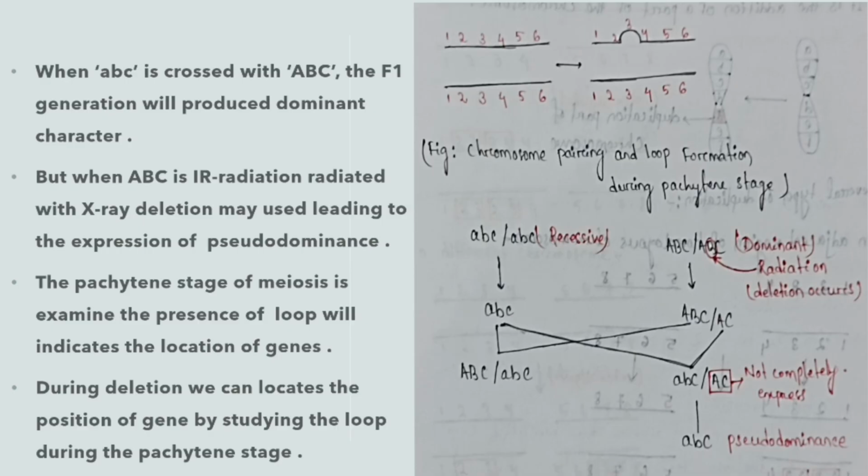So the gametes formed from the recessive will be small a, small b, small c, and from the dominant they will be capital A, capital B, capital C, and capital A, capital C. When crossed, in the F1 generation we get capital A, capital B, capital C with small a, small b, small c, and capital A, capital C with small a, small b, small c, where the small b is not completely masked but expresses itself, so it is called pseudodominance.